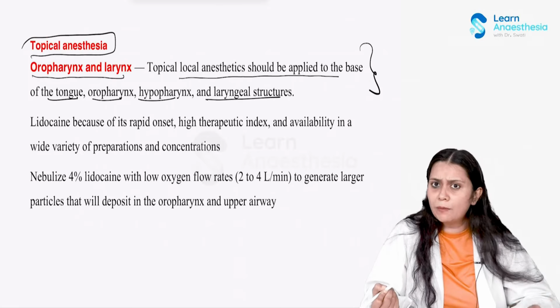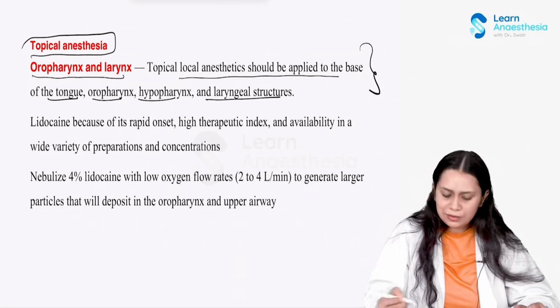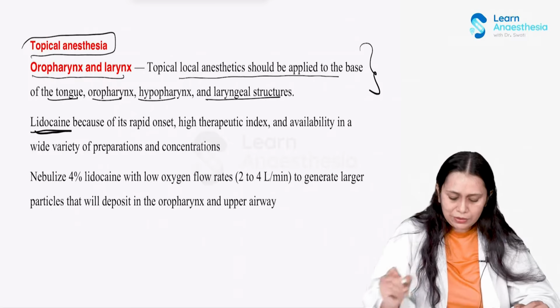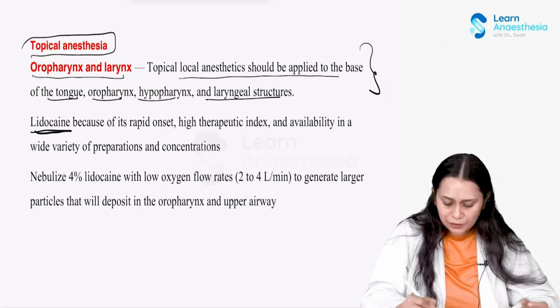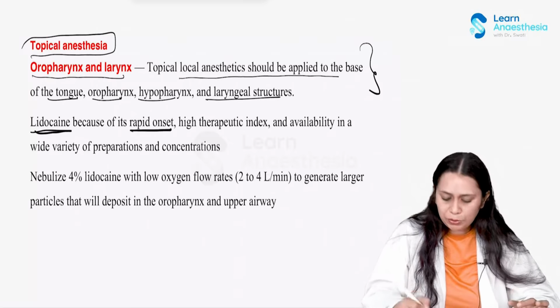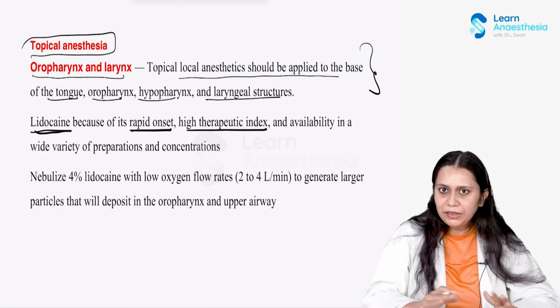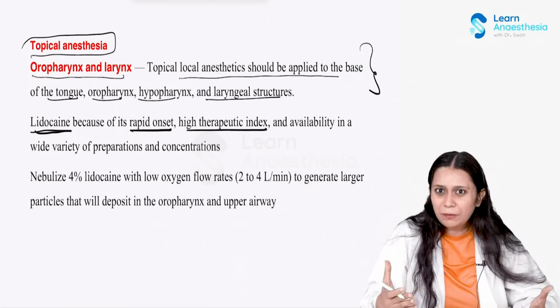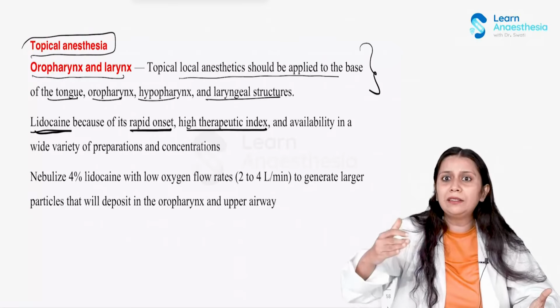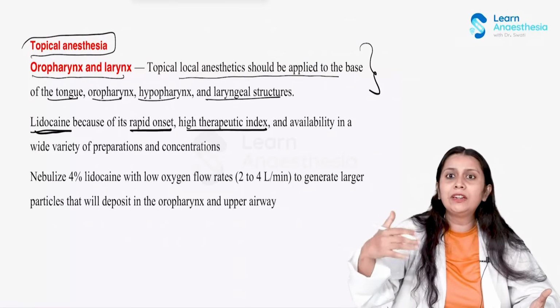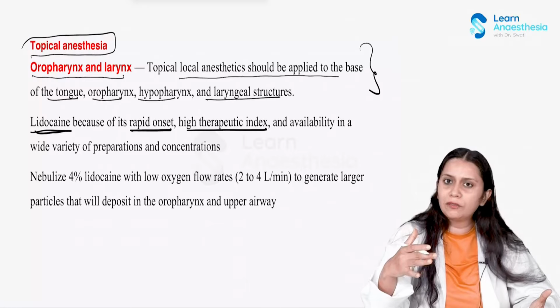The most common drug we use is lidocaine, because it has a rapid onset. First point, high therapeutic index. The safety margin is more than what we calculate when we give lidocaine by other routes of regional anesthesia.